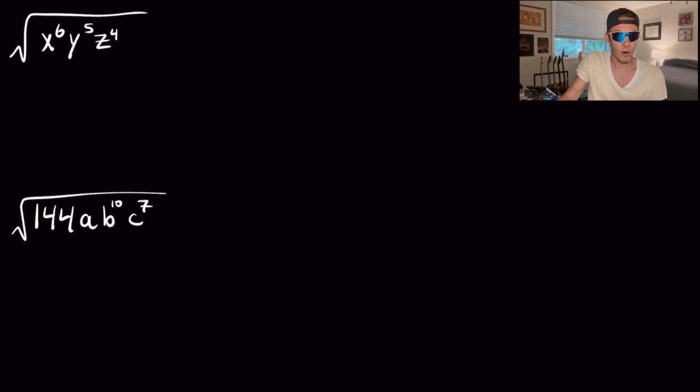All right, let's try a couple harder ones. So here, since I'm multiplying these 3 terms together, I'm going to split them up and give them their own square roots. So square root of x to the 6th times square root of y to the 5th times the square root of z to the 4th. All right, these two, since they're even numbered exponents, can take care of those super easy, right?